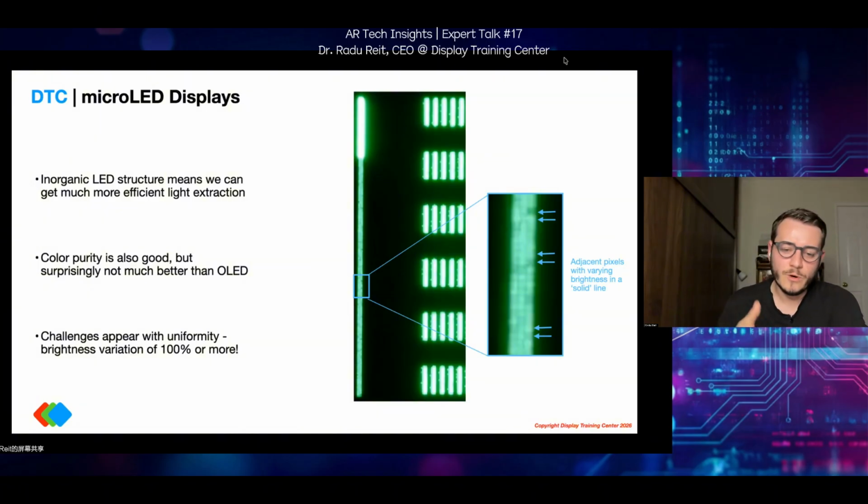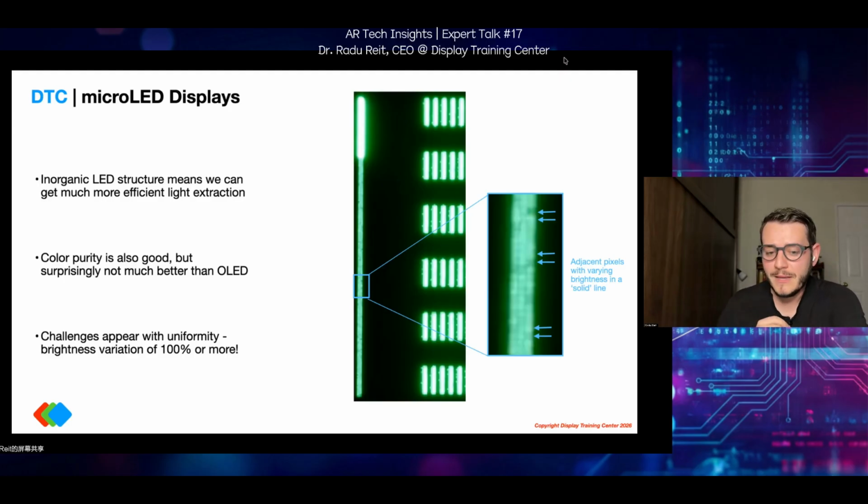You can start seeing what is a solid green line in this slider bar. Actually, if you look further and further into this, there is massive brightness non-uniformity between adjacent pixels. In the far right, you can see blue arrows pointing to individual pixels, where brightness non-uniformity can be 100% or more between adjacent pixels, meaning one pixel may be twice or 3 times as bright as its nearest neighbor.